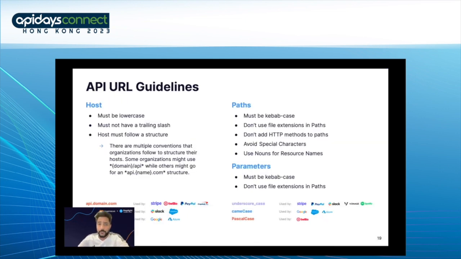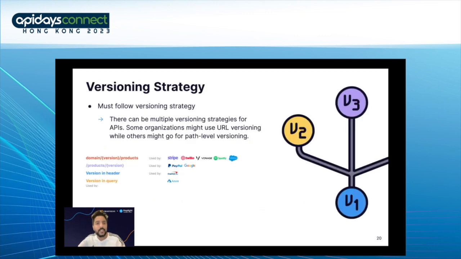You can have rules for your URL guidelines, like what your path conventions look like, what parameter casing do you use, and like you can see in the slide here, different companies do things differently, but the idea is to settle on one thing and make sure you have those guidelines set up. Things like don't use file extensions in paths, that's not a company thing, that's just something you should end up doing anyways.